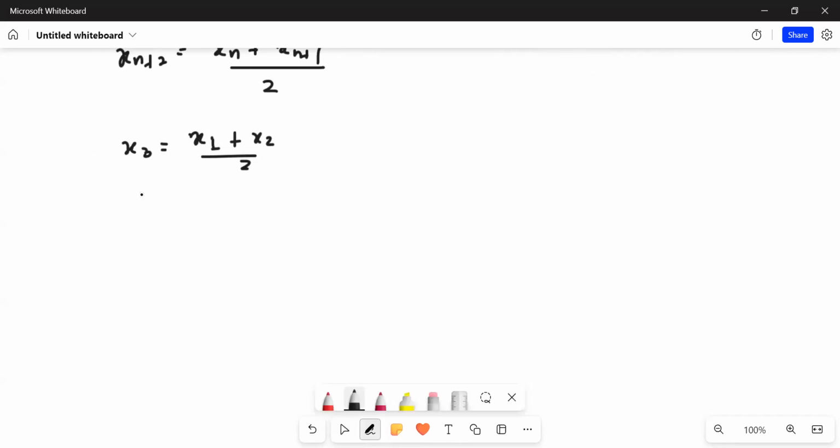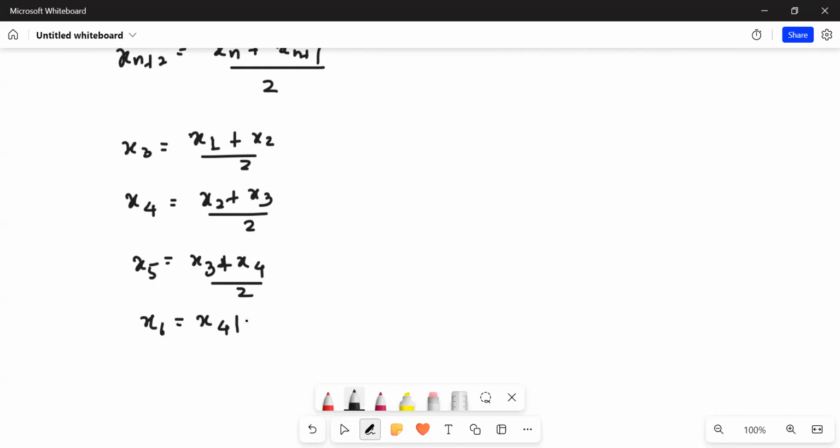Now n equals 2: x4 equals (x2 plus x3) divided by 2. n equals 3: x5 equals (x3 plus x4) divided by 2. n equals 4: x6 equals (x4 plus x5) divided by 2.